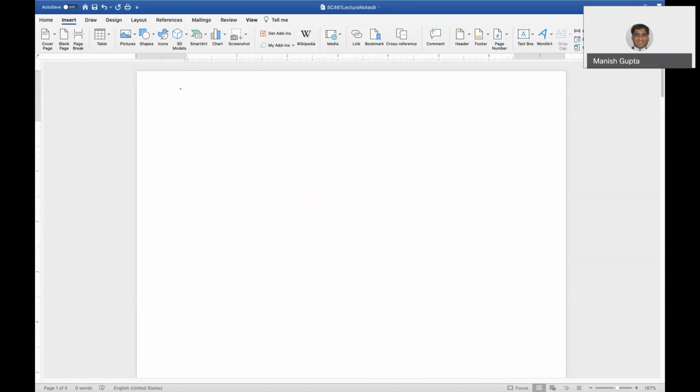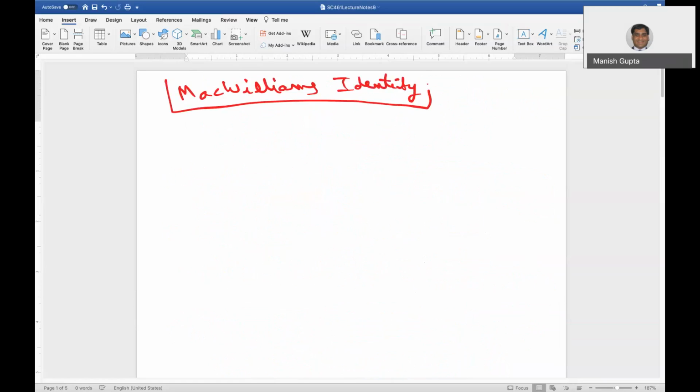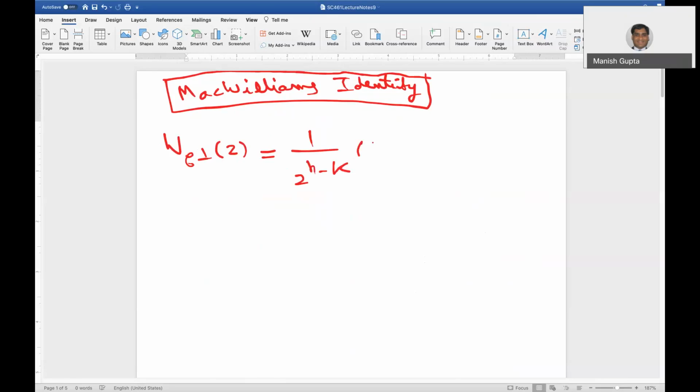This result was obtained by Mrs. MacWilliams. The MacWilliams identity says that W_C-perp(z) is nothing but 1 over 2 raised to power n minus k times (1 plus z) raised to n times W_C of (1 minus z) divided by (1 plus z).